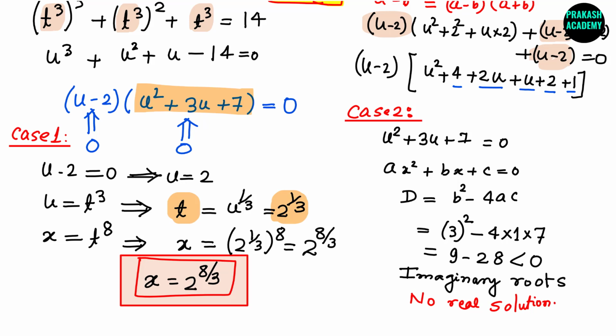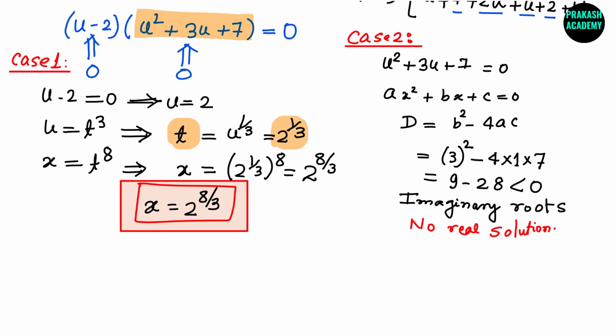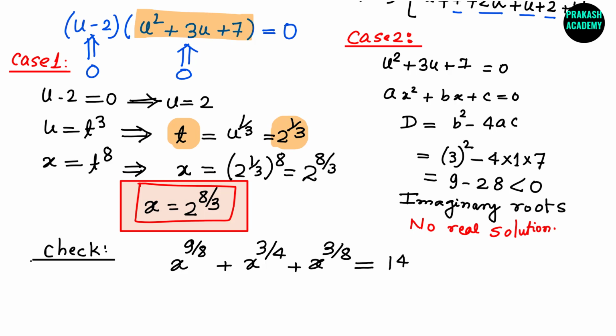If you want, you can check whether this solution satisfies the equation or not before we close this video. What was the original equation? The original equation was x raised to the power 9/8 plus x raised to the power 3/4 plus x raised to the power 3/8 equals 14.